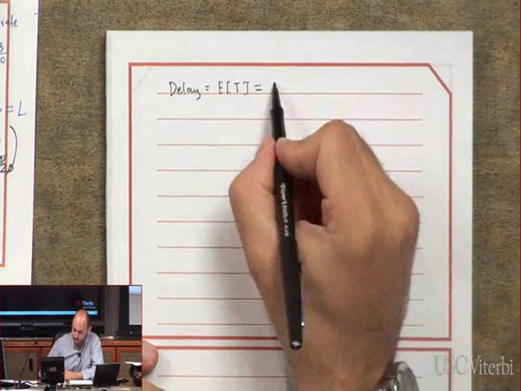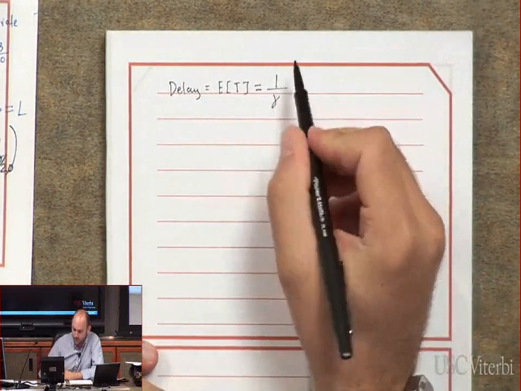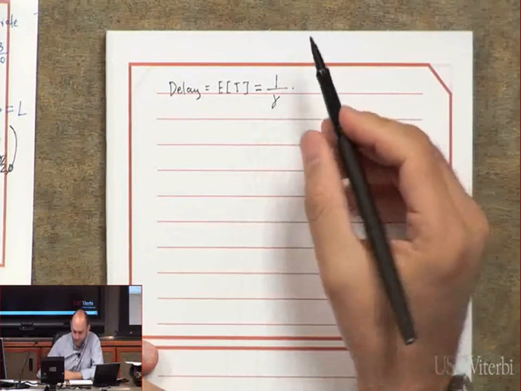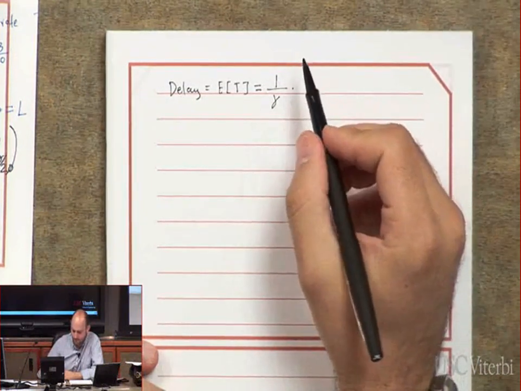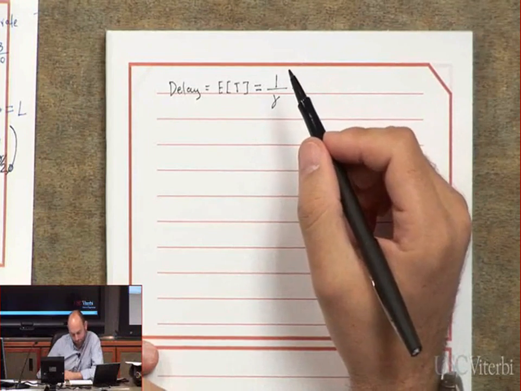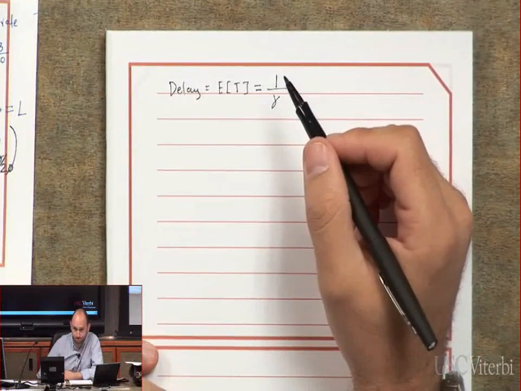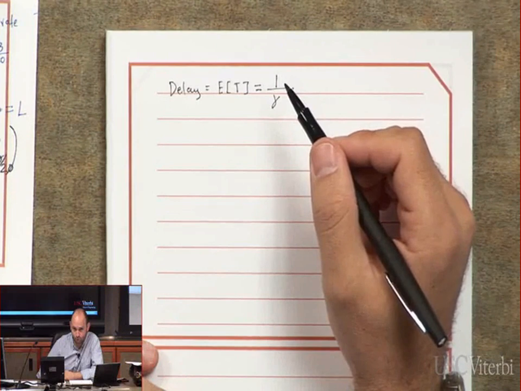All right, so it's going to be 1 over gamma times, let's call it, how should we call that?